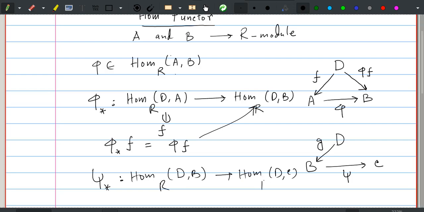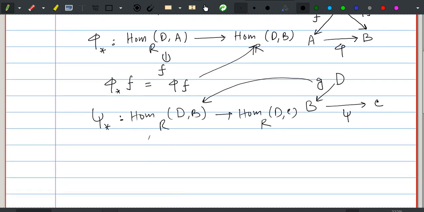These are R module homomorphisms, because G belongs to this set. So when this psi star acts on G, we get an R module homomorphism from D to C, which is given as psi G. So let us define psi star as: when psi star acts on G, we get psi G.